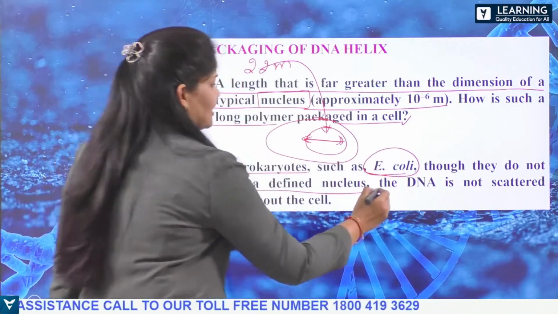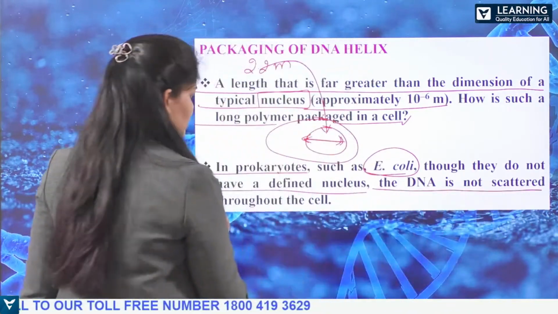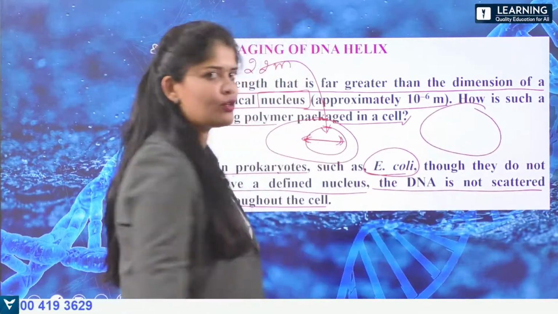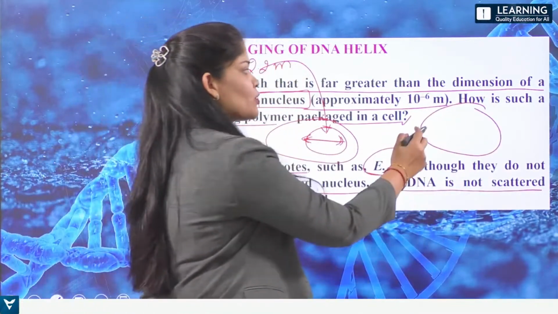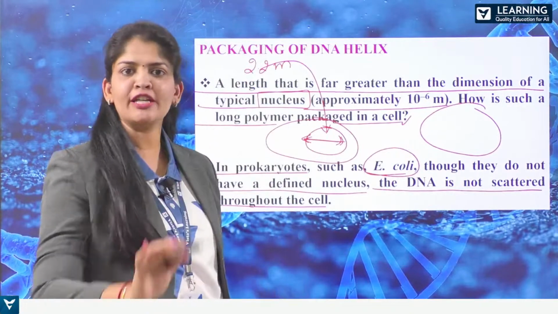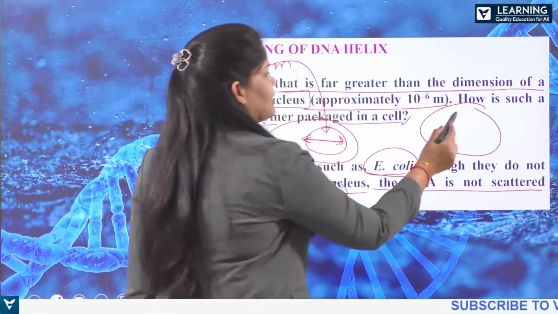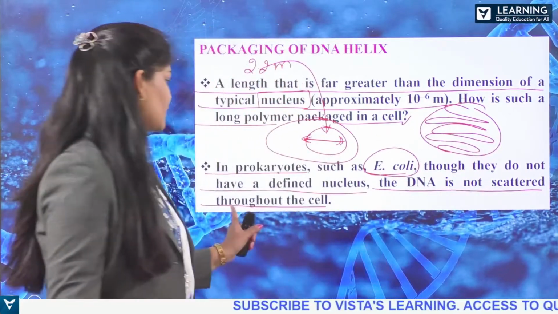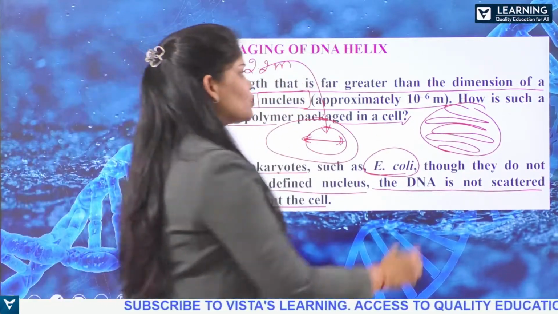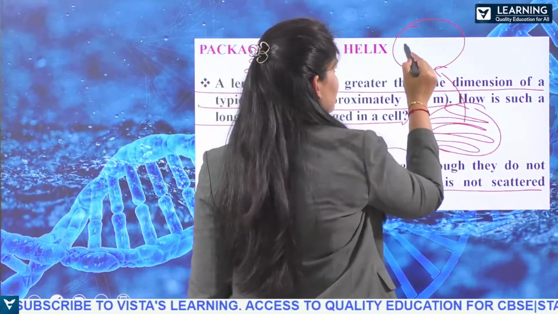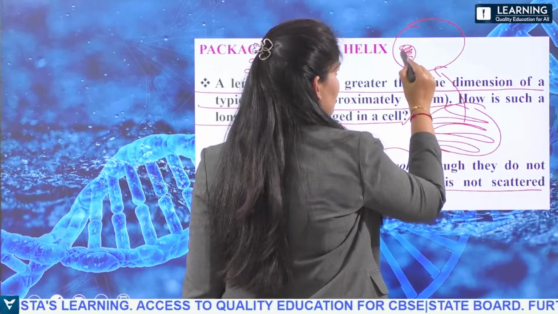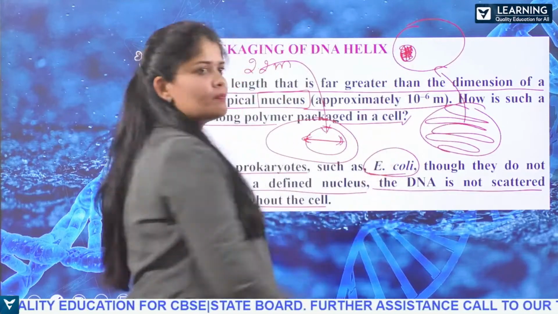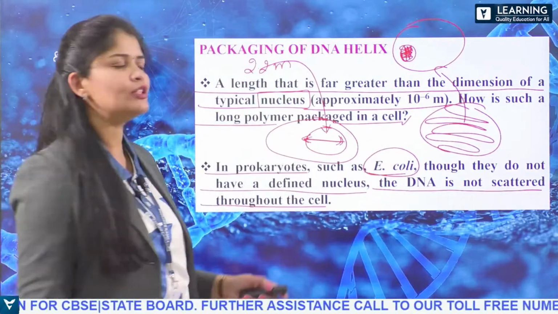So here the DNA is not scattered throughout the cell. If you consider this is a prokaryotic cell, though it does not have a defined nucleus, the DNA will not be present scattered throughout the cell. It is going to be concentratedly present at one location of the cell, and that part we call a nucleoid.